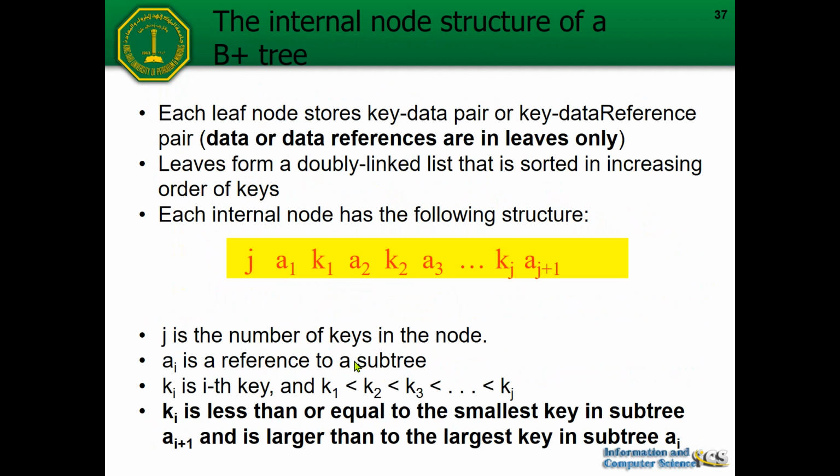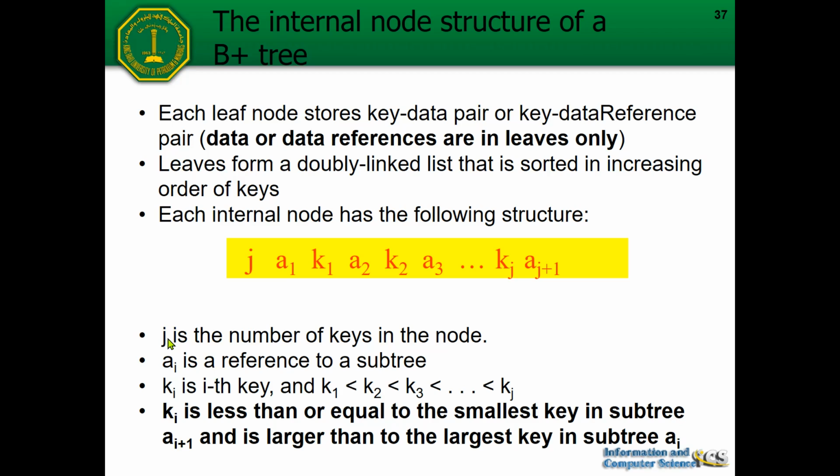So this is some detail about the B+ tree. The structure of an internal node in the B+ tree is like this. There is A1, K1, A2, K2, A3, until Kj, Aj plus 1. J is defined as the number of keys in the node.